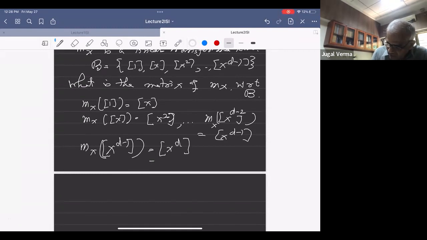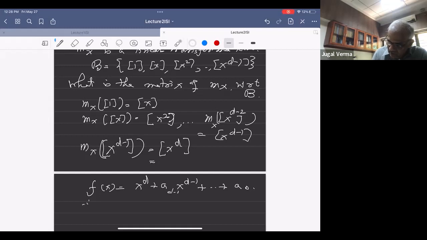But the residue class of x^d, because remember my polynomial was x^d plus a_(d-1) x^(d-1) plus ... plus a0.